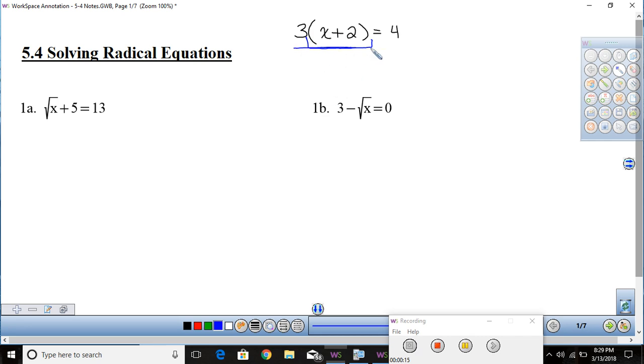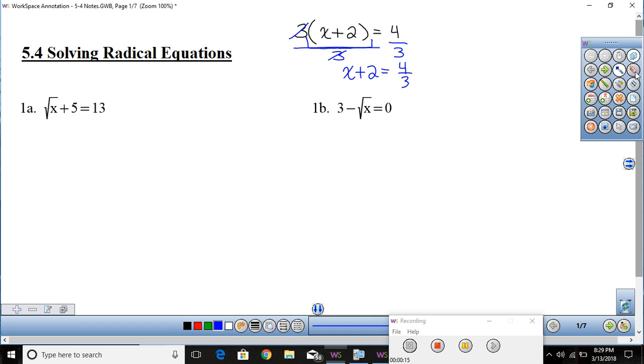So you would proceed by dividing by 3. That eliminates the 3 right there, and then you're just left with x plus 2 equals 4/3. And there's no need for the grouping symbol anymore because there's nothing outside that you want to distribute throughout that.